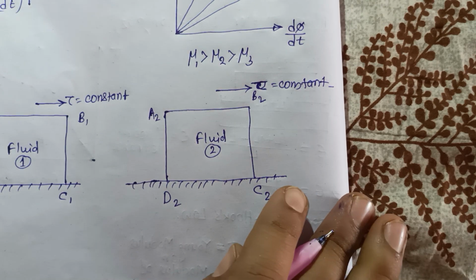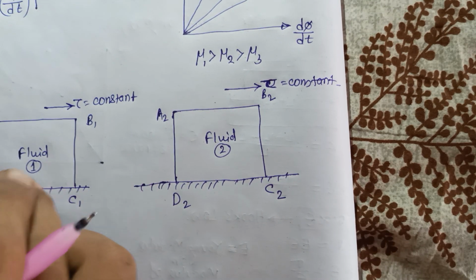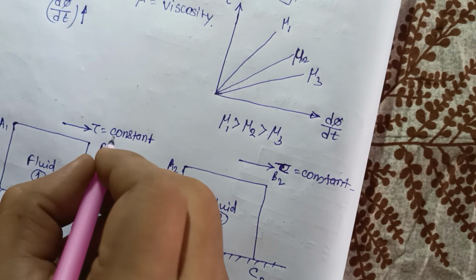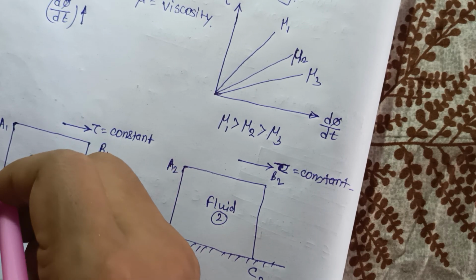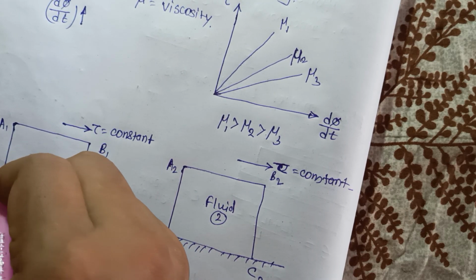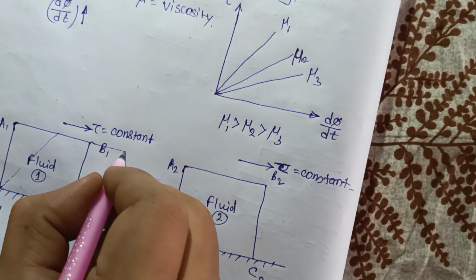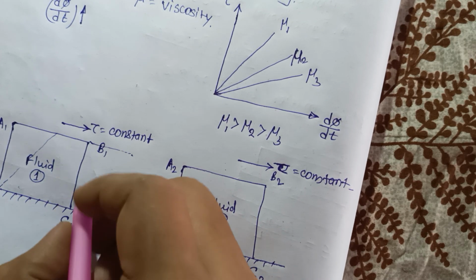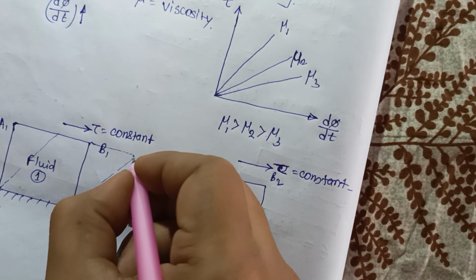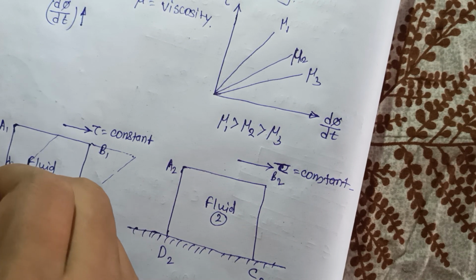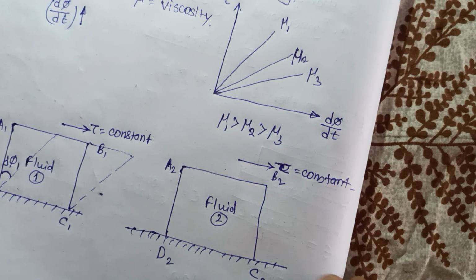So for fluid 1, at tau equal to constant, the shear strain may be like this. So this is the shear strain, d phi 1.